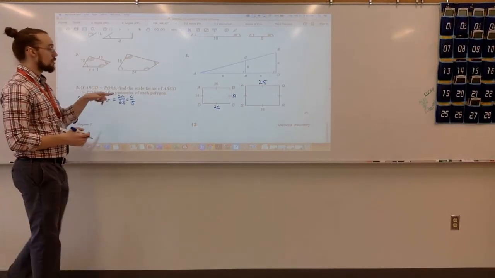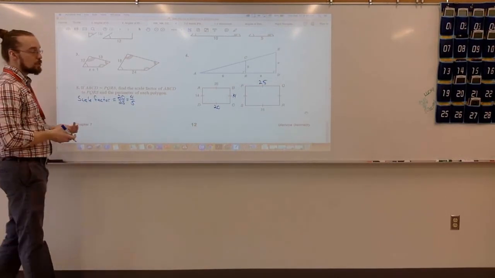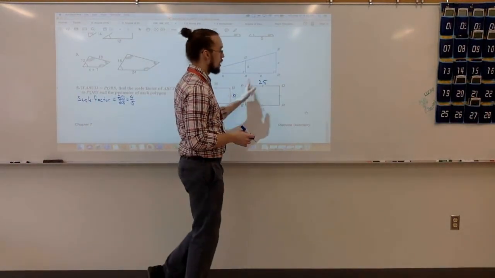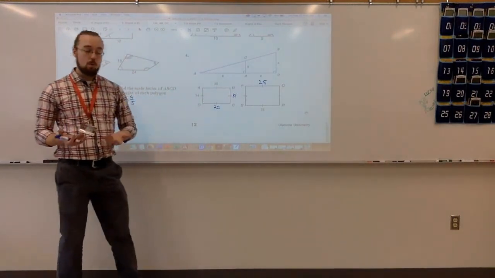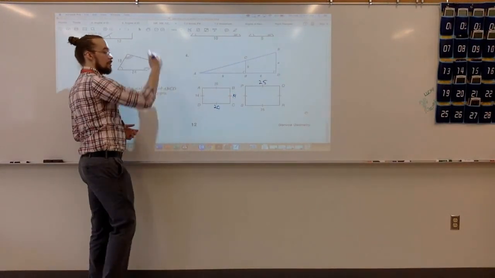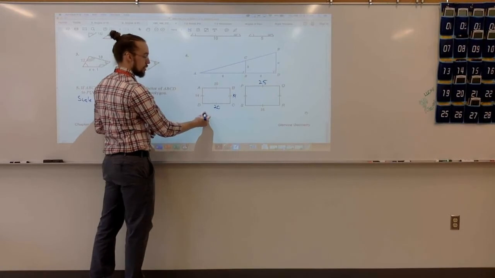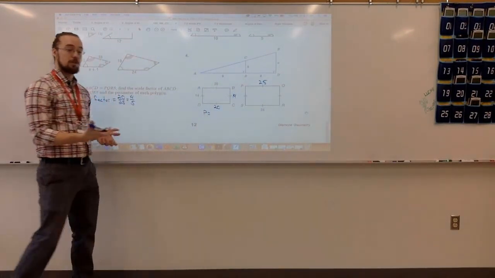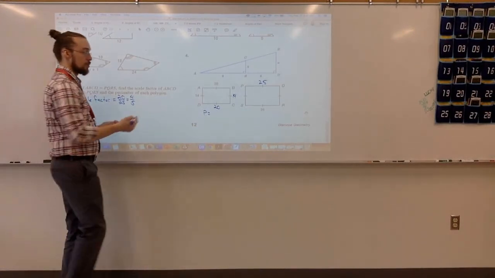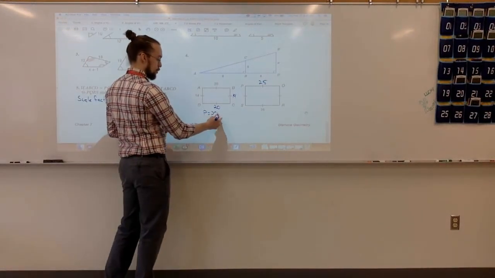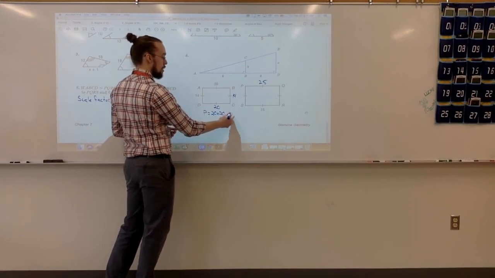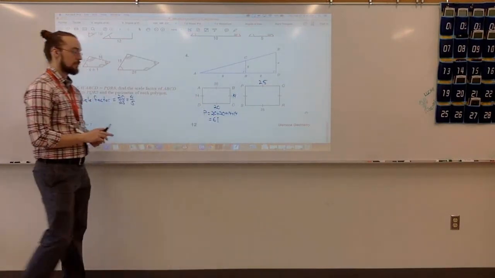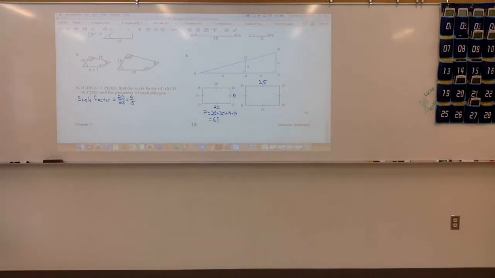Now, they just want the perimeter. Okay, so we have two options here. We could solve for this missing side and then add everything up. Or, like we did in that second example today, I can find the perimeter of this figure. I know all four sides. So the perimeter here would be 20 plus 20 plus 14 plus 14, 68, you said? So we had 68 for the first perimeter.